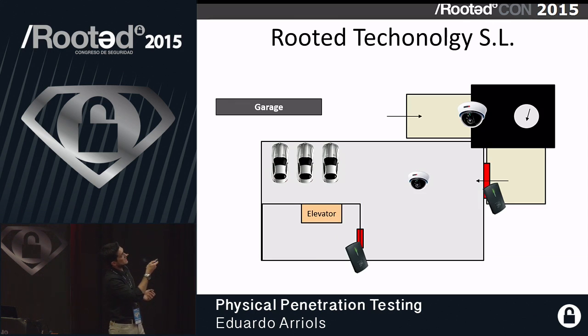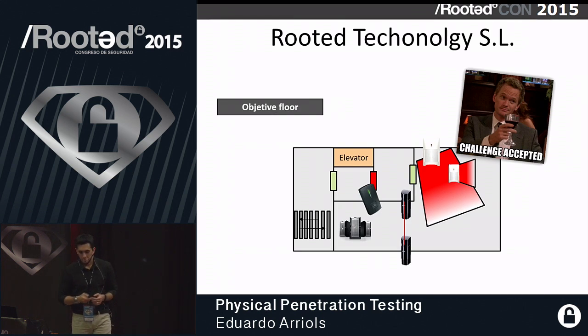Then we have a garage, this is the entry, then there is a camera, and then you also have some stairs, could be like pedestrian access with no cameras. So it is also important to remember that not everyone goes into the garage through the main door or main entry.